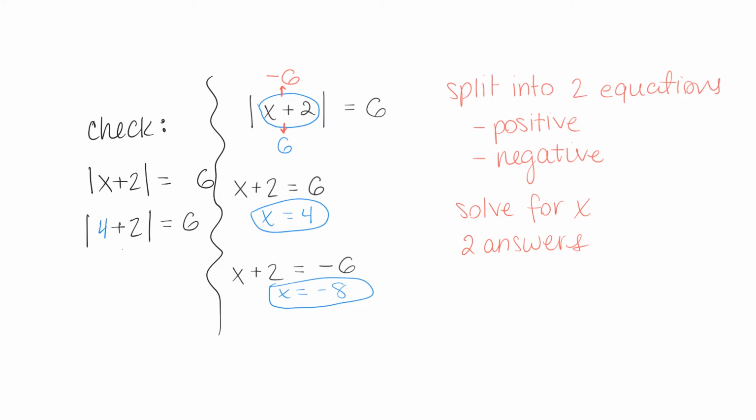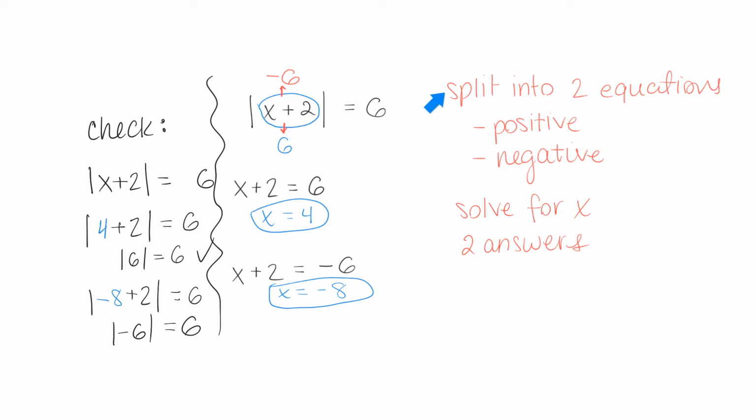Yep, the absolute value of 6 equals 6. That works. And then if I check it again, the absolute value of negative 8 plus 2 equals 6. I get negative 6. And the absolute value of negative 6 is, of course, 6.